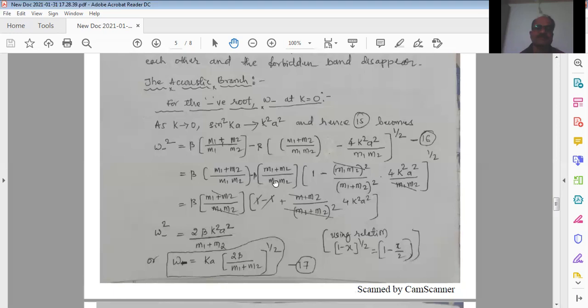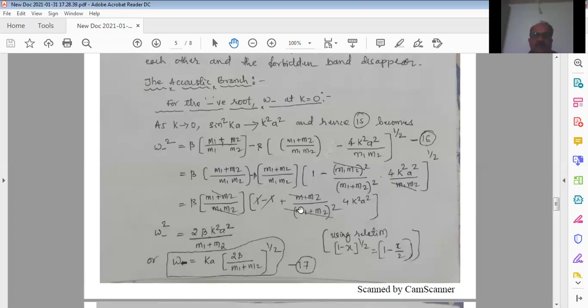That means m1 plus m2 divided by m1 m2 is taken common here. So that term, when it goes inside, is squared and inverted. You cancel, and next you take this term from the whole of these two terms. You get cancellation in this way, and lastly you are left with this.